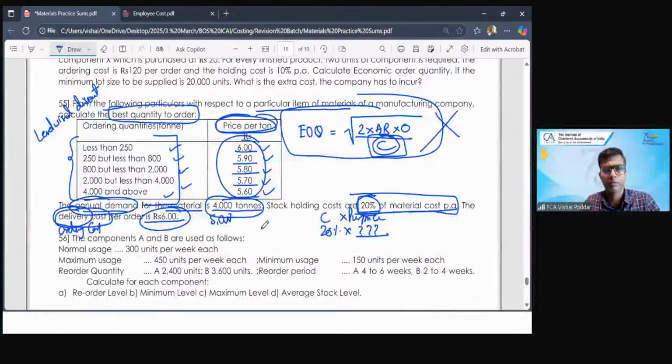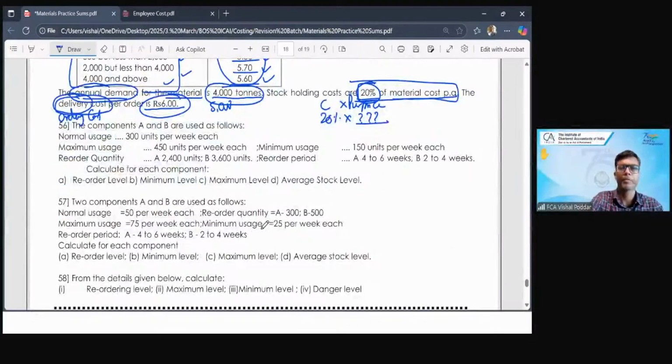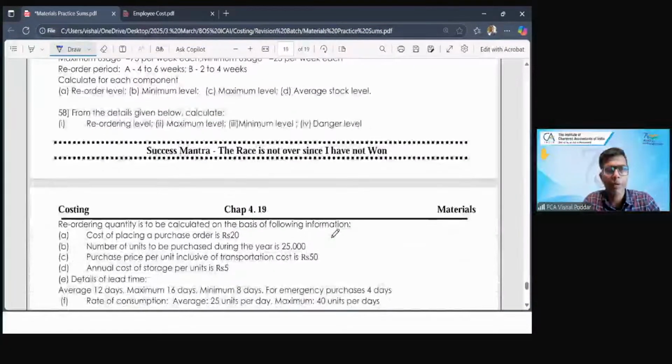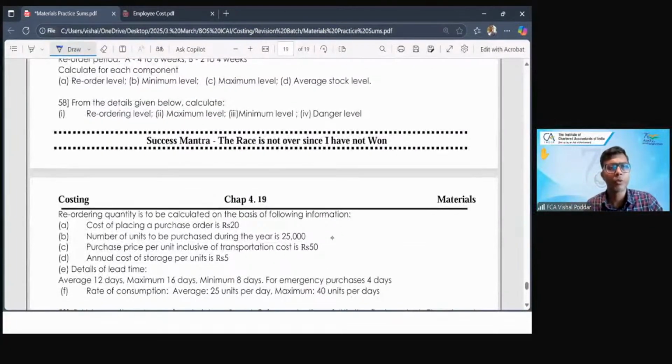Let me take one more question from material, and then we go to the employee cost. So 58 sum. This is the next very important practical aspect in material, that is the stock level.